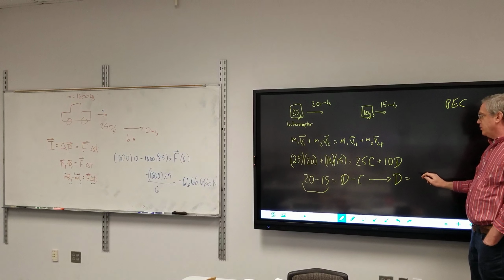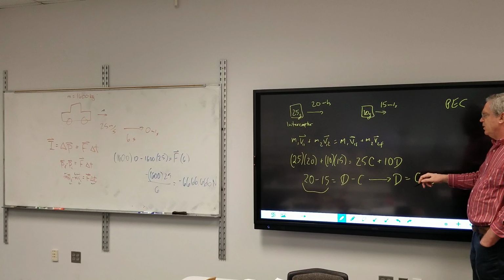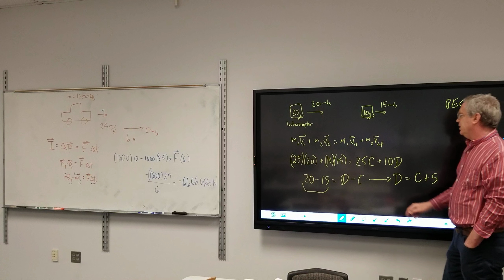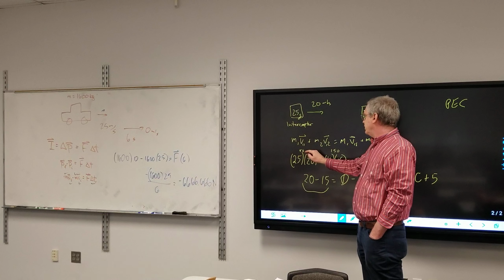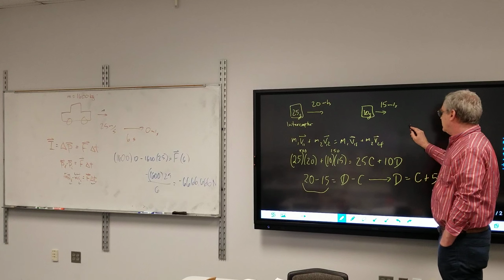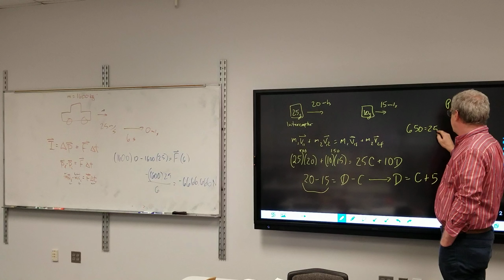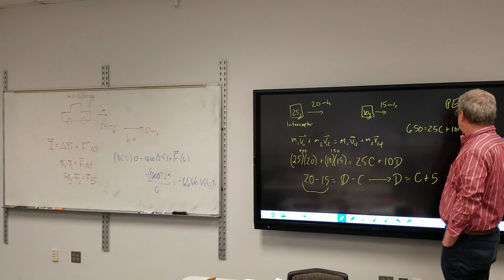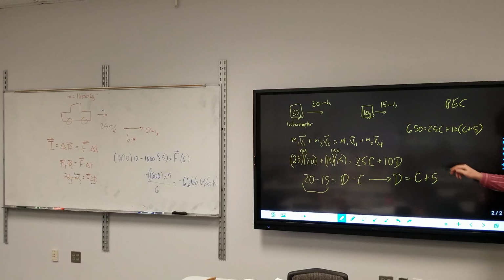So D is equal to C plus 5. Plugging into the first one, that's 150 there, that's 500, so I have 650 equals 25C plus 10 times (C plus 5). Substituting in, 650 is equal to 25C plus 10C plus 50.